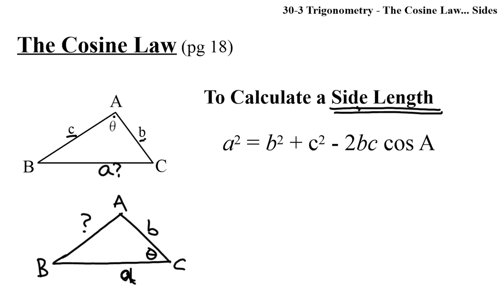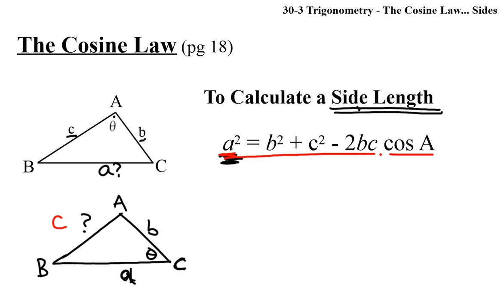Well, we have to be careful because our formula here solves for A squared. But in this question, we're trying to calculate side C. So this formula technically won't work because we're solving for A. Understand there's two things you can do.